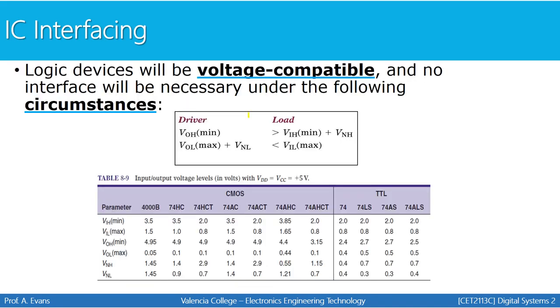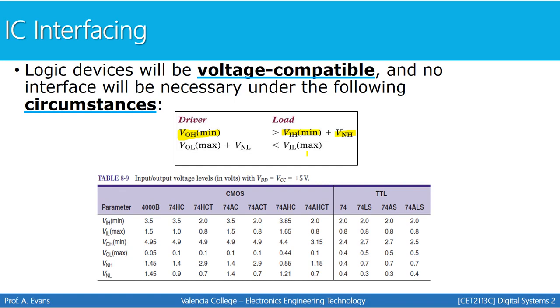So we're going to consider two ideas: whether devices are voltage compatible and whether they are current compatible. First, let's start with voltage compatible. Devices will be considered voltage compatible under these conditions. If the high level output voltage for the driver is larger than the high level input voltage for the load, plus a possible noise spike, no issue.